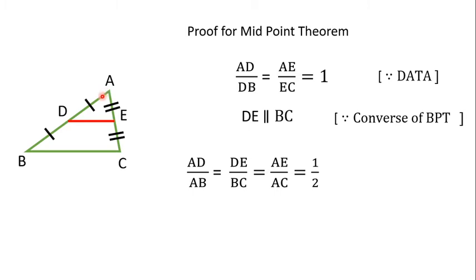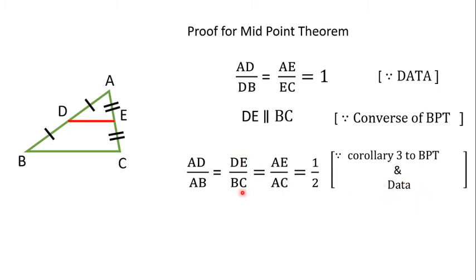What is the length of AB? The length of AB is twice AD, you know. Therefore, we say AD upon AB has to be 1 by 2, and the reason for this proportion is corollary number 3 to BPT, and this is 1 by 2 because of data.